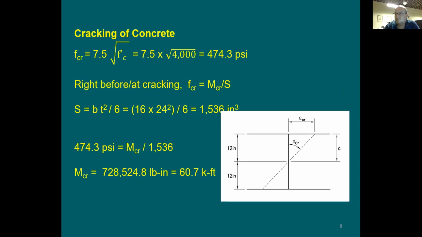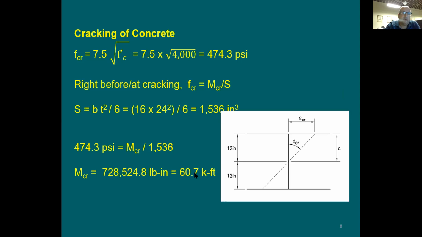Sorry, Professor. So the 60.7 kip-foot, that's the moment experienced when the section begins to crack? This is correct. Okay. Also, I can reword this, if you don't mind. This is going to be the moment at which your beam is going to start to crack.